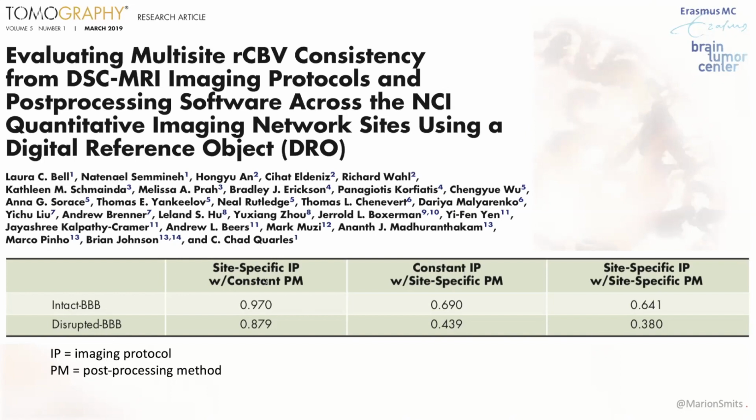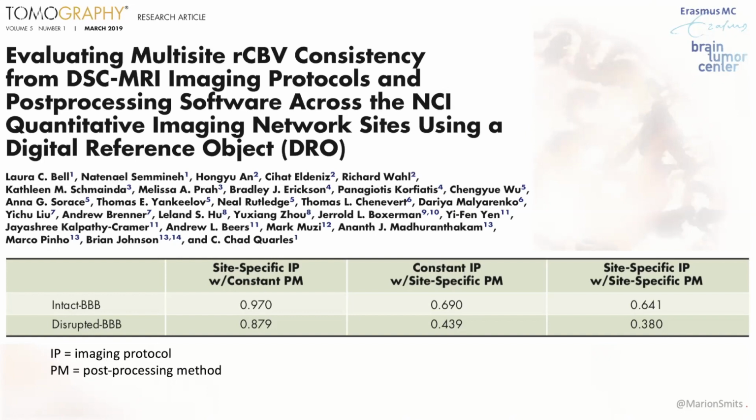And you can see things are pretty good if the post-processing methods are maintained stable. So this is where everybody sent their images and they did the analysis with their post-processing tools. But this goes very dramatically wrong if the sites use their own imaging protocol and their own post-processing tools, which doesn't give you very concordant results between sites and raters.